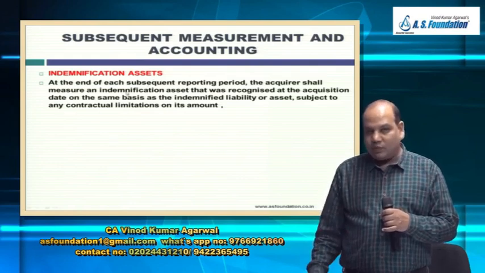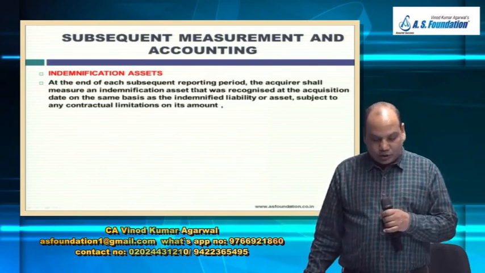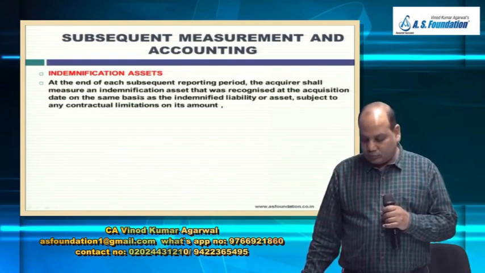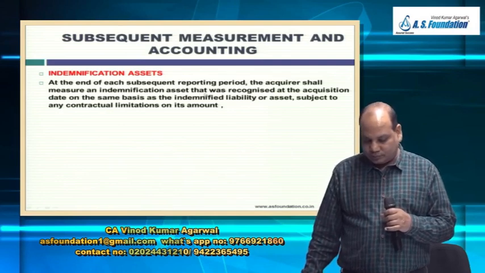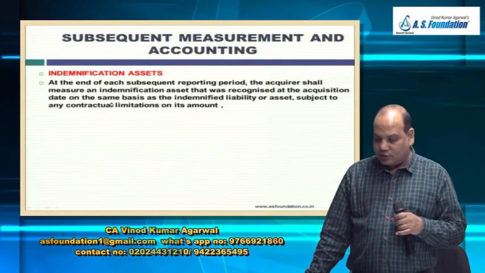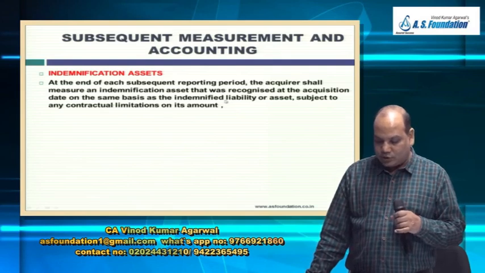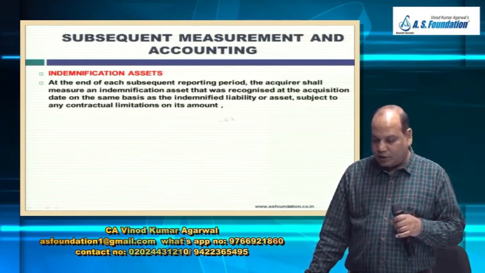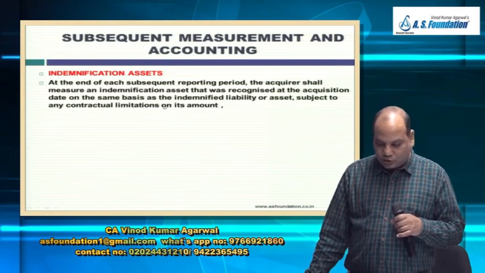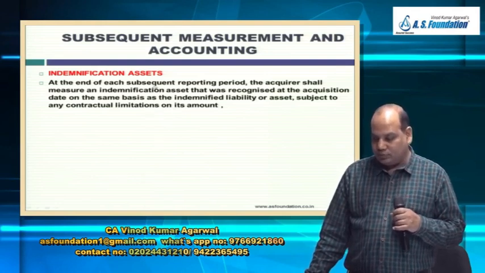Now subsequently, what will I do with this item? At the end of each subsequent reporting period, the acquirer shall measure an indemnification asset that was recognized at the acquisition date on the same basis as the indemnified liability or asset, subject to any contractual limitation on its amount.